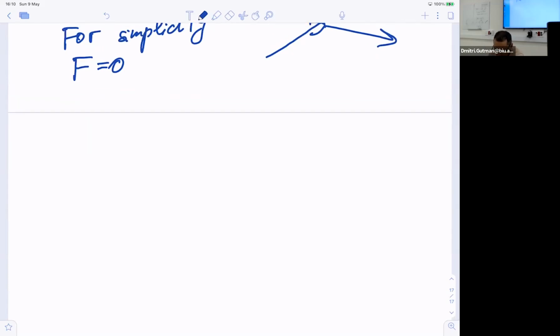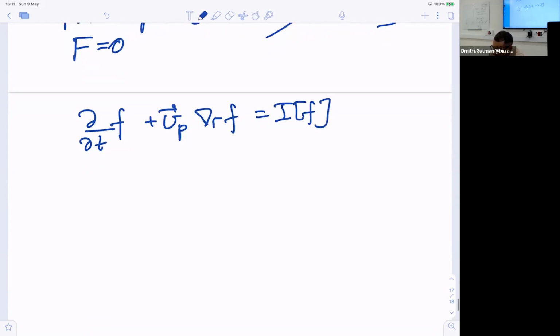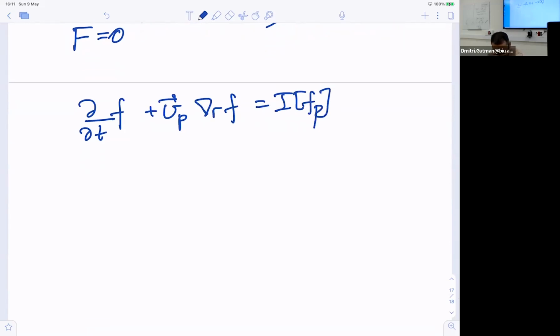Then the equation reads as follows, and we can switch fields on later if we want. Okay, so the first equation to derive is a continuity equation that tells that the particle number is conserved. How do we derive the continuity equation from here?